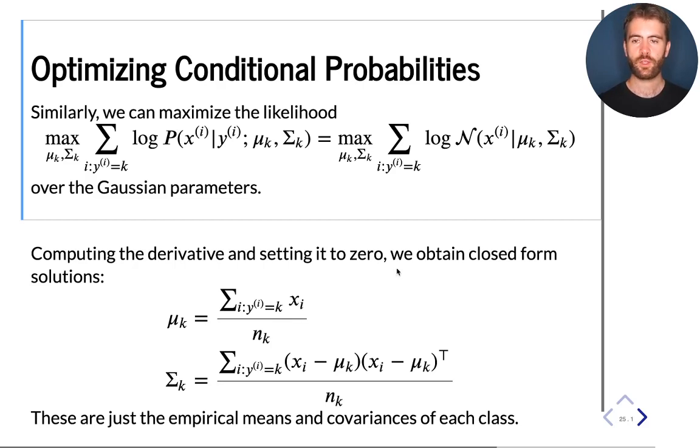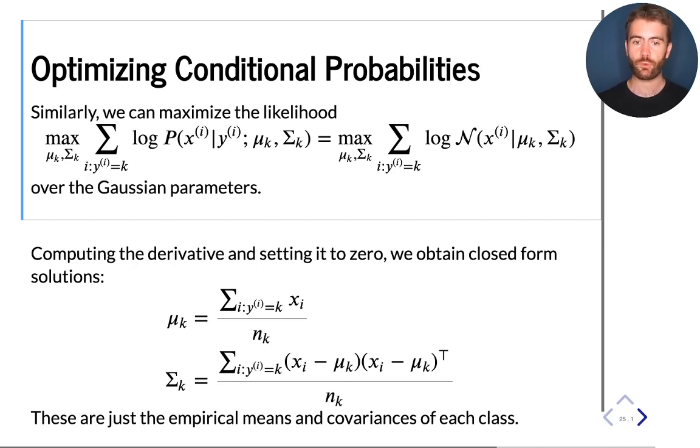In other words, the conditional distribution of class k is a Gaussian whose mean is the mean of the x's in the data set that we have, and the covariance of the model is going to be the covariance of the data that we have.